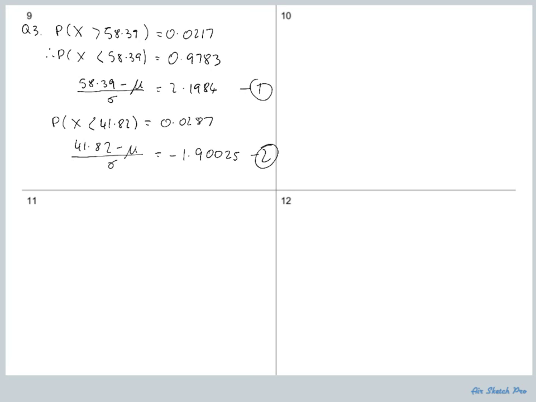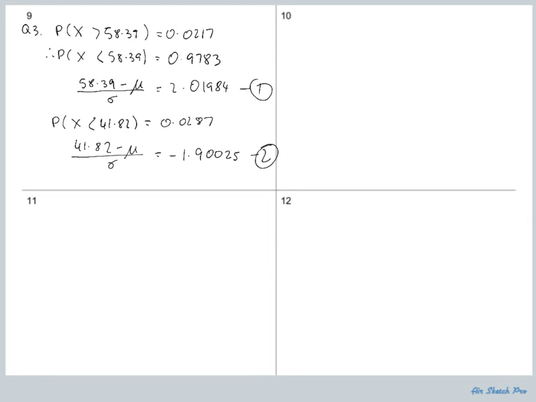There it is. Equals 2.01984. There we go.